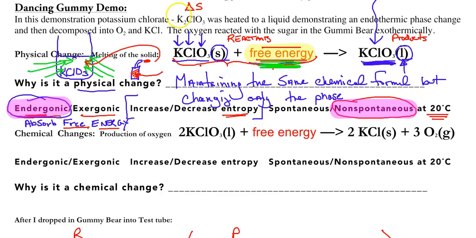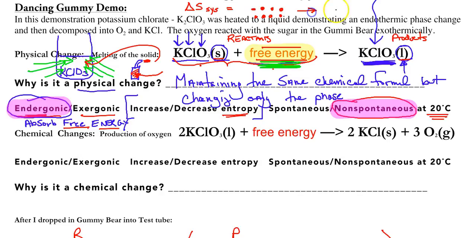Now, if we look at the entropy of just the system, what do we have? I've got a solid becoming a liquid. So I really should say what's happening to the entropy of the system. Well, a solid is an arrangement of particles in a regular organized fashion called a crystal.